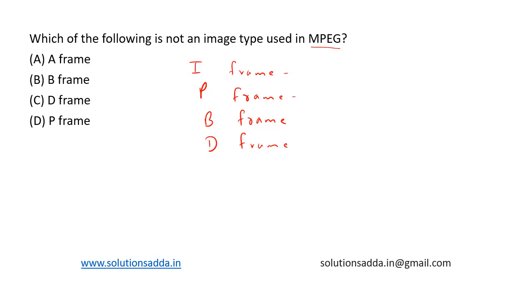It serves as a fast access representation of a picture for loss robustness or fast forward. So D pictures are the ones which are usually used in MPEG. And the image type which is not used is A frame, because it is actually not part of these 4 frames that are used in any group of pictures. So option A frame is the right answer.